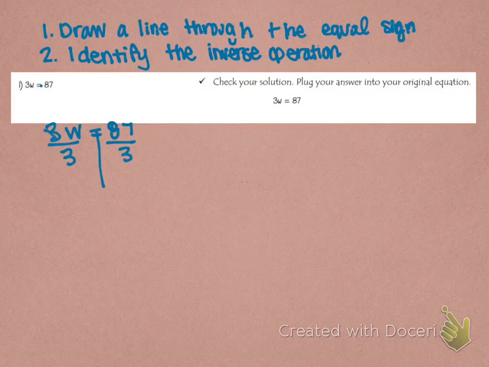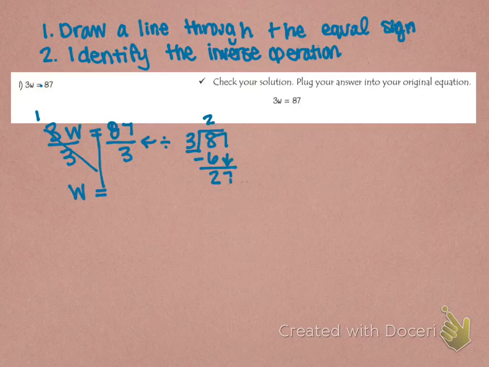So we divide by 3 on both sides, and 3 divided by 3 is 1. And 1 times W is just W because anything times 1 is itself, equals, and then we can come over here and divide. This means division, so we can divide 87 divided by 3. It goes in 2 times. 8 minus 6 is 2.